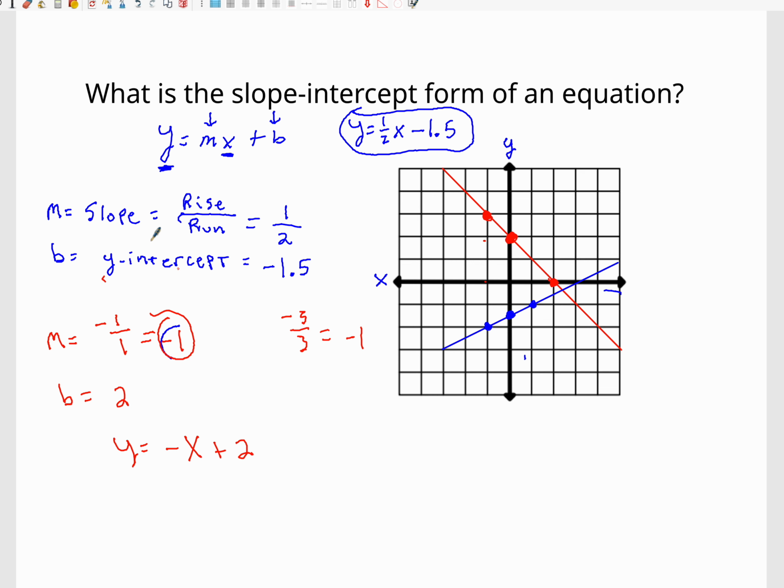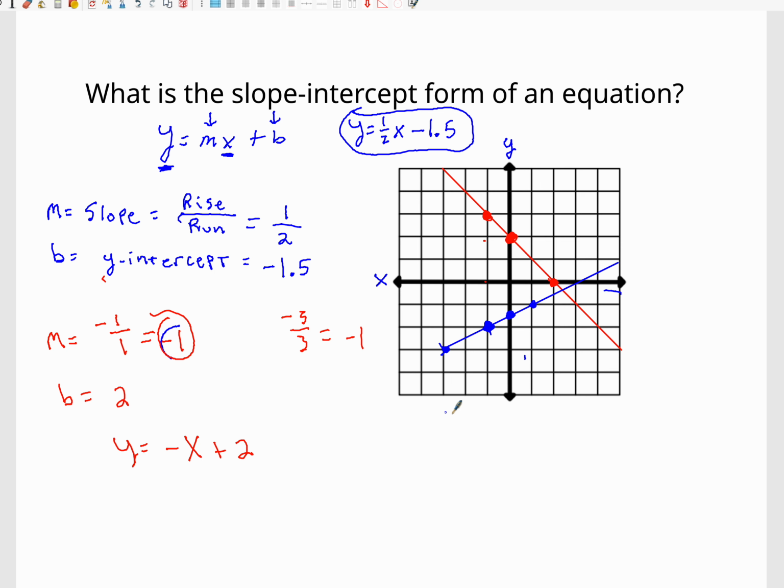Okay, those are the equations, and so let's do this. I want to demonstrate why it's always so important for you to understand why the equation is what it is. So let's choose a point on the blue line. I'm going to choose this point right here. What is that ordered pair?